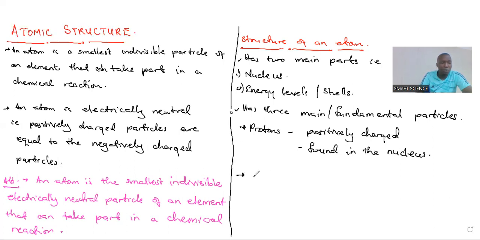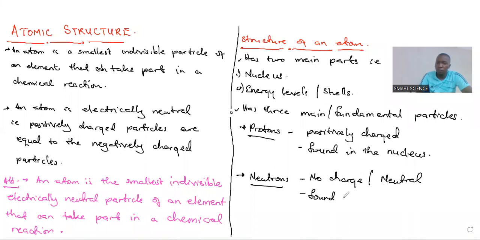Number 2 are neutrons, which have no charge. Somebody else will say they are neutral. These ones are found in the nucleus.